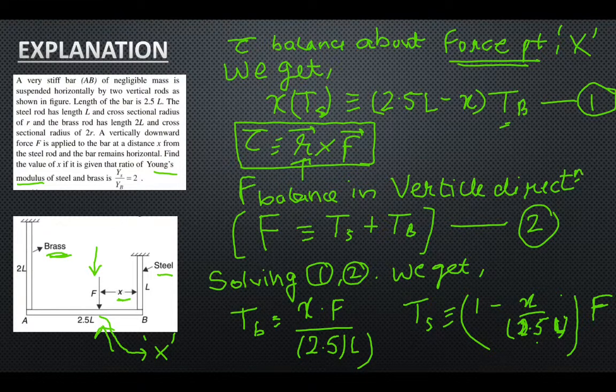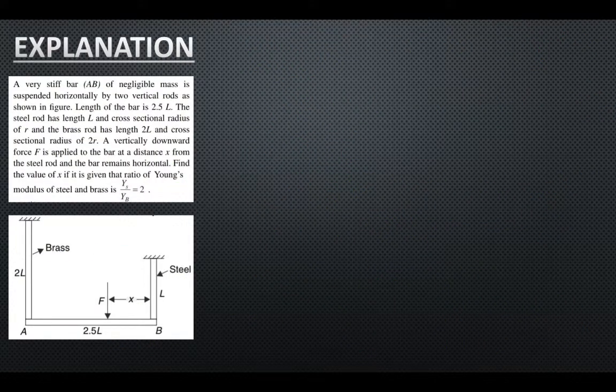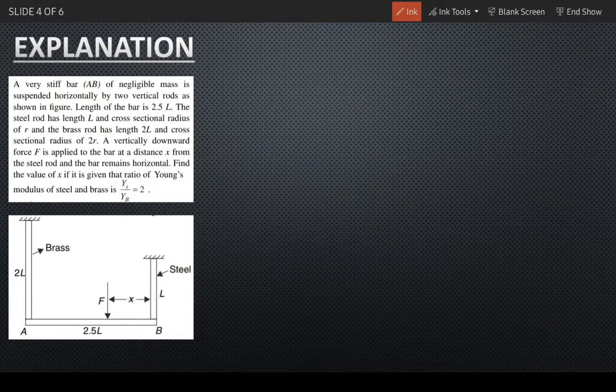So we have solved the first part of the question, that is, we have found the tensions created in the brass rod and the steel rod in terms of the force applied and the distance of the force applied from the individual wires. Now coming to the second part of the solution.